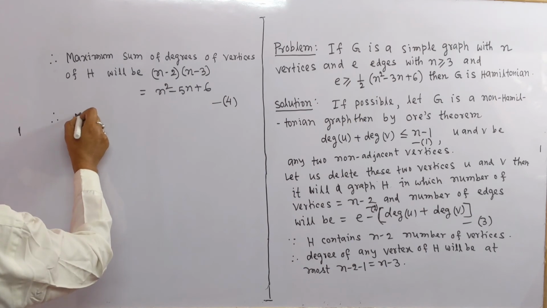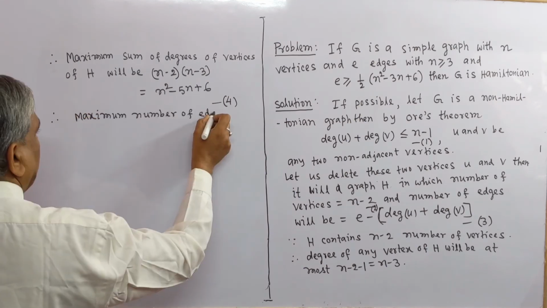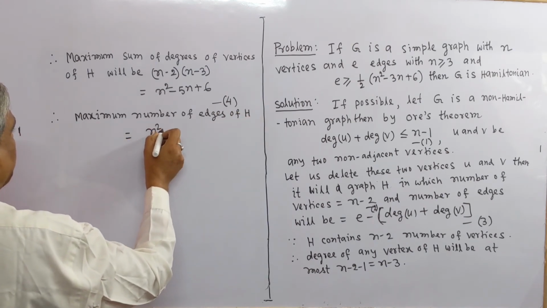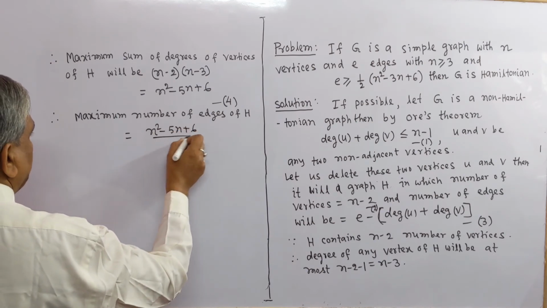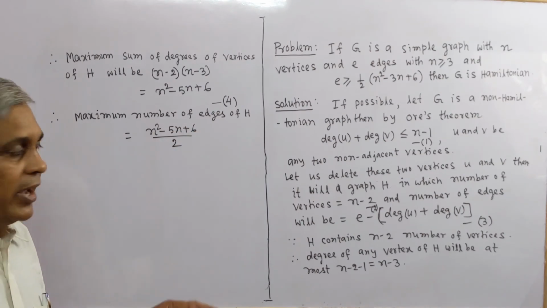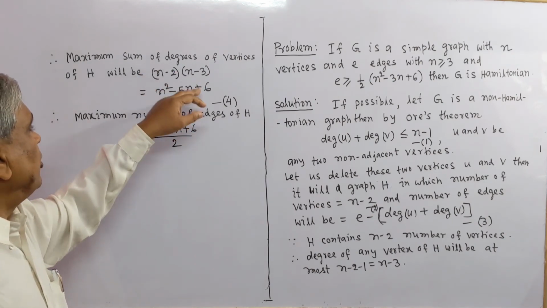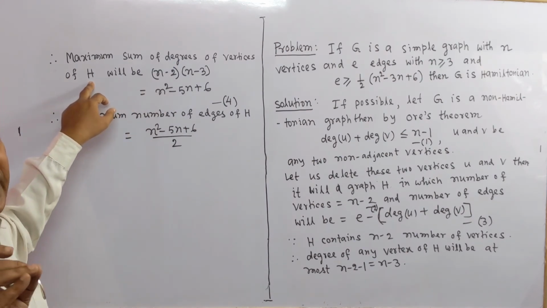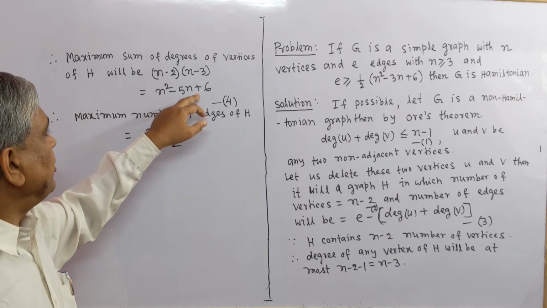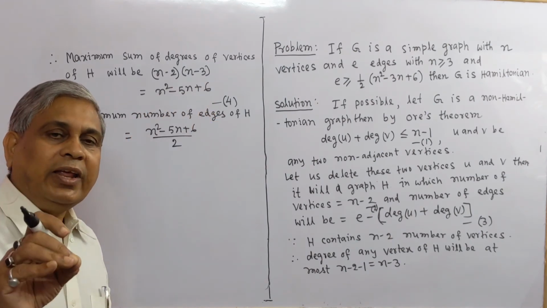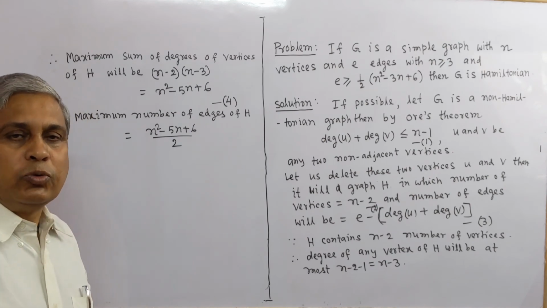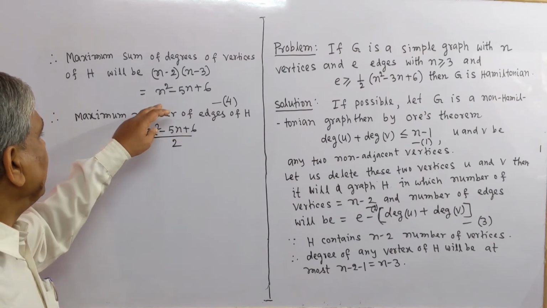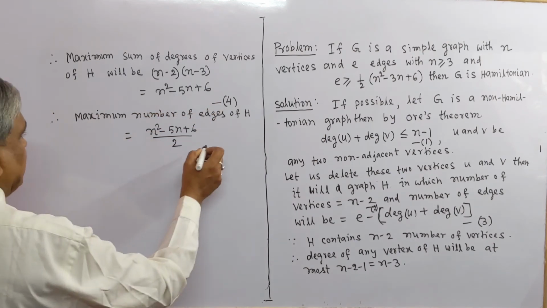Therefore, maximum number of edges of H is n square minus 5n plus 6 by 2, since the maximum sum of degrees of the vertices of the graph H is n square minus 5n plus 6, and since one edge gives 2 degrees, the number of edges will be half of this. This is number 5.